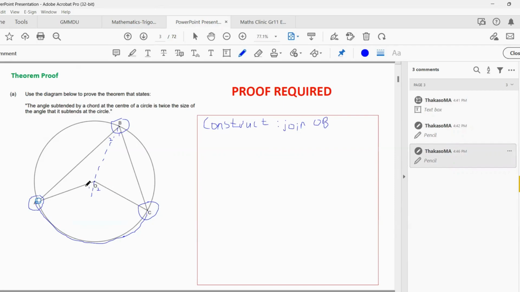So we need to prove that angle AOC is 2 times angle ABC. That's what we have to prove.